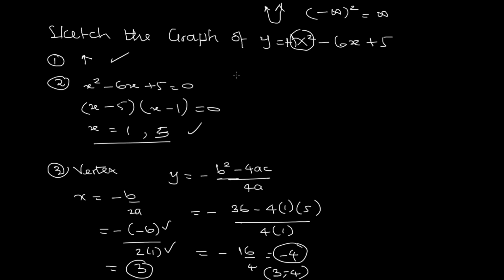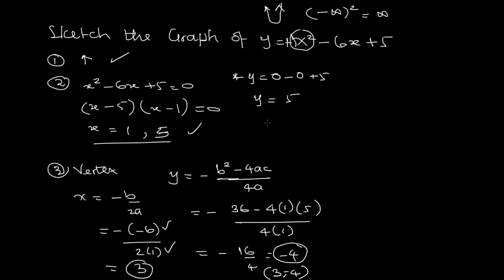And then what's the next thing that we can work out? We're going to work out where x is 0. So y is going to be 0 squared, minus 6 times 0, then plus 5. So y is equal to 5.